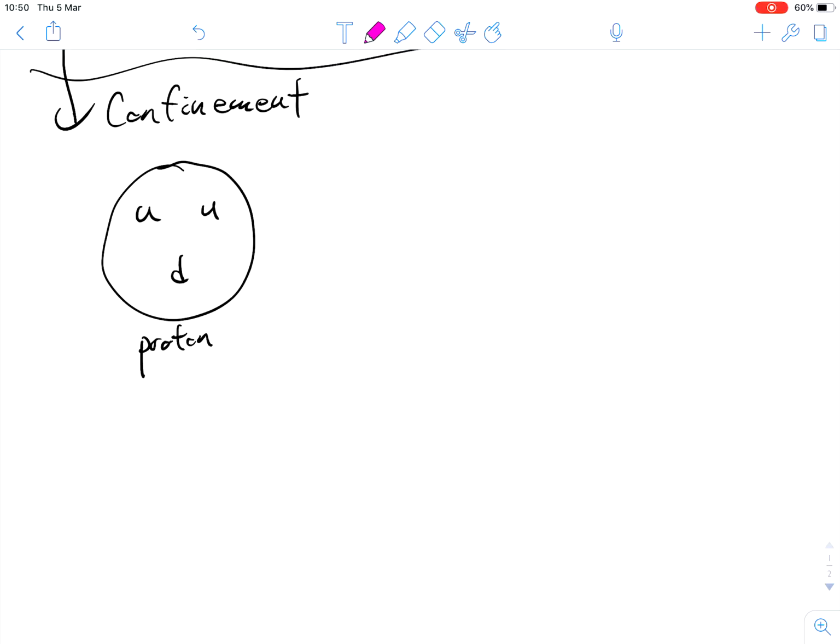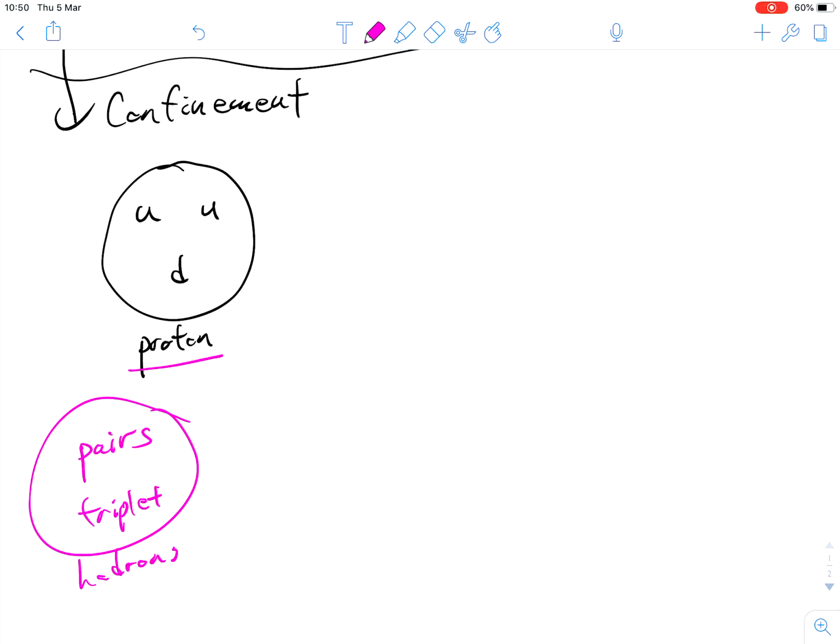Down here I have a proton, and as you know, quarks have to exist either in pairs or in triplets. That's not how you spell triplets. Oops, triplets. So they have to exist in hadrons.